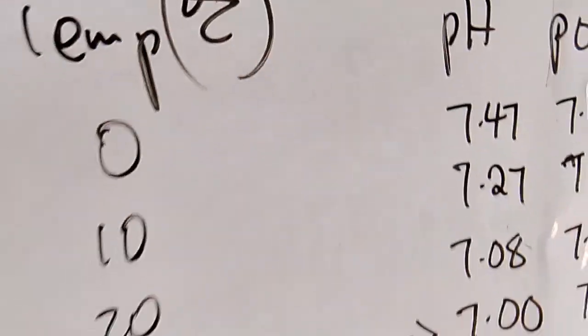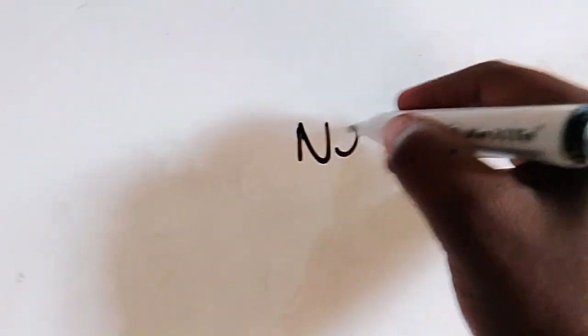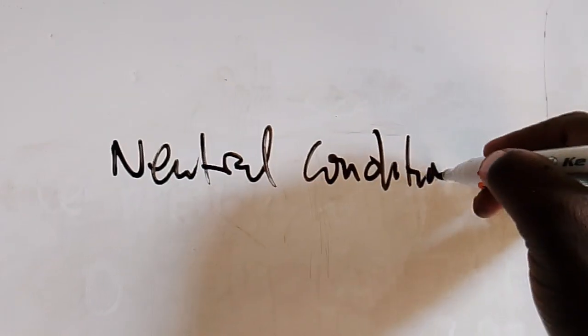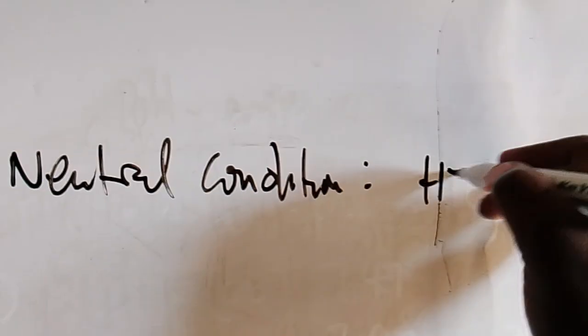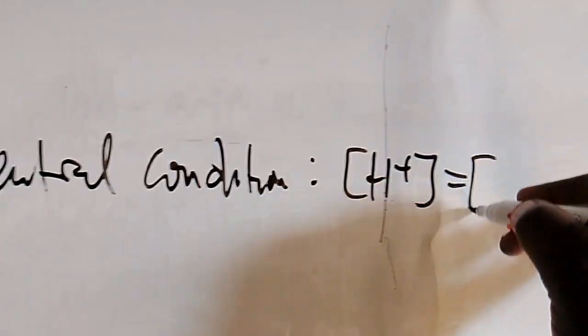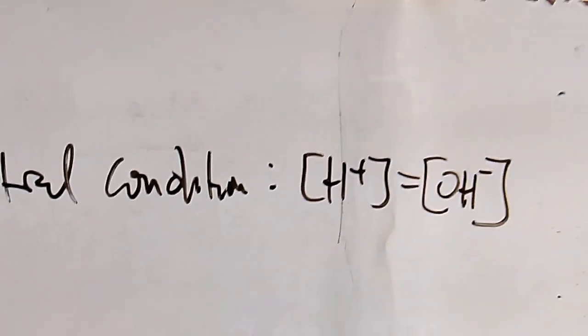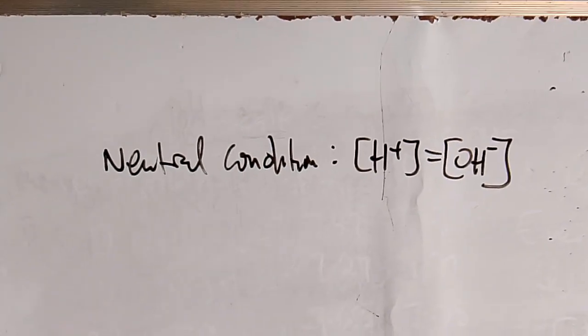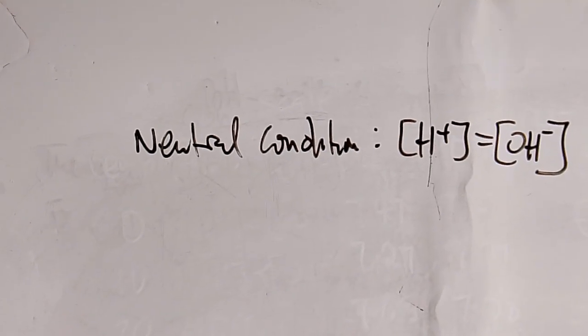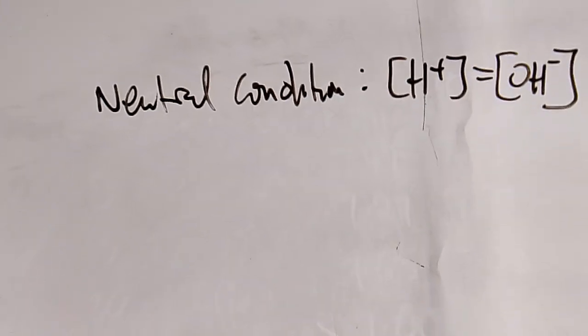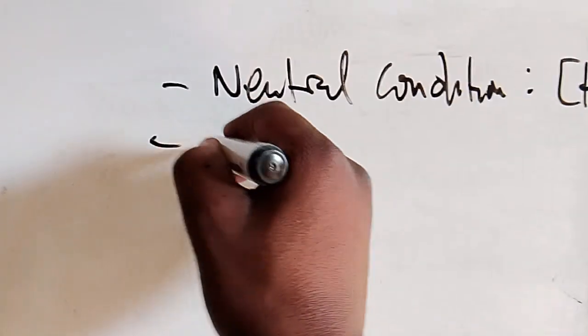Okay, so we can write these points. Neutral condition means hydrogen ion equals hydroxide ion.